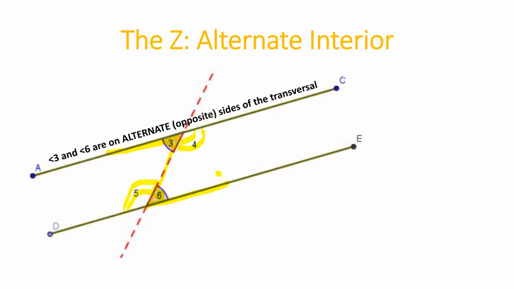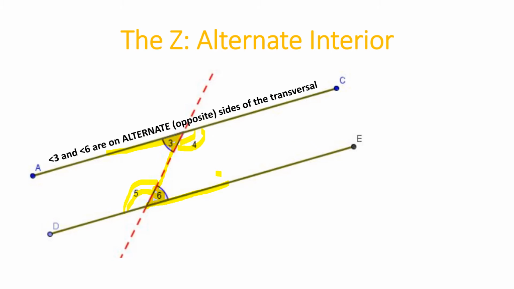It's because they're on alternate or opposite sides of the transversal. So that's another vocab word. People get super confused on these angle relationships just because of not knowing what alternate or corresponding or interior means. That's not math's issue. There's no reason to not know these things, because alternate, it's like in sports, when you can't do something, maybe they'll put an alternate in, like if you get hurt.